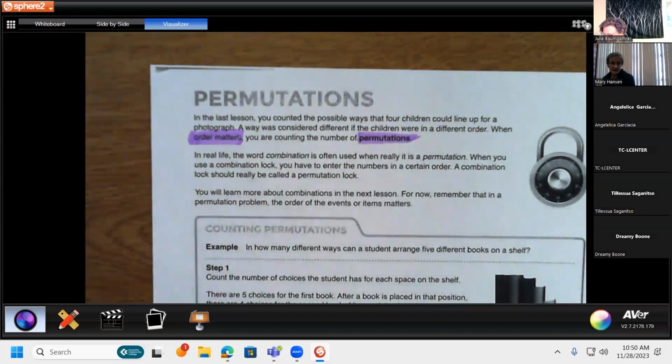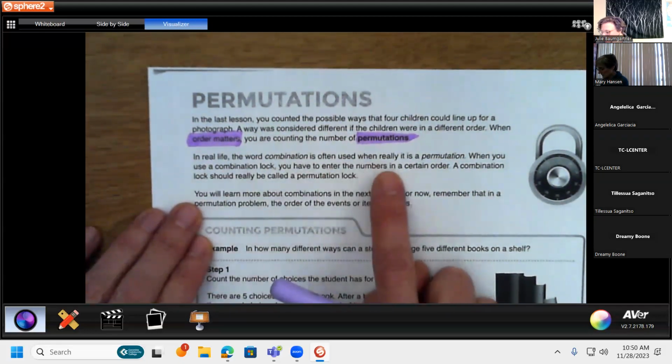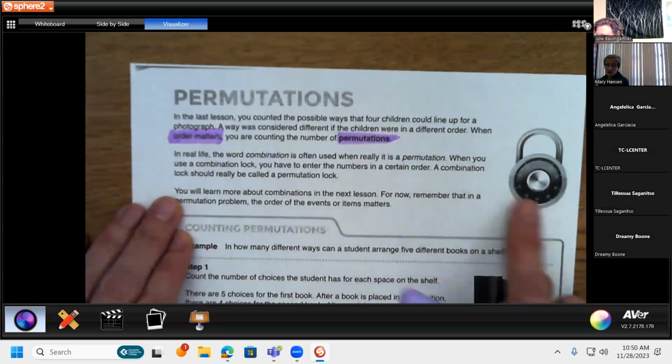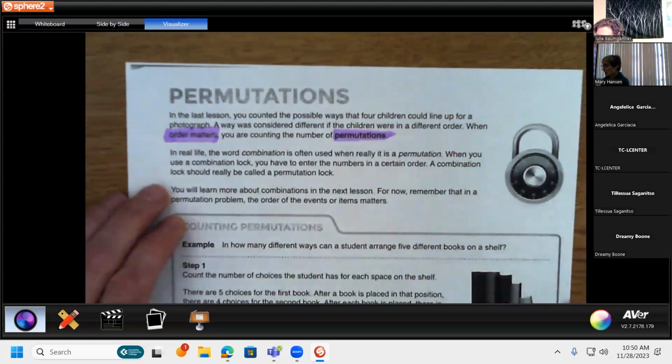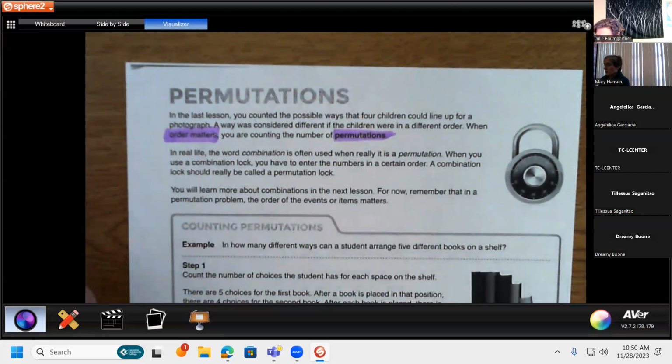Okay. And it says in real life, the word combination is often used when it's really a permutation. And if you think about a combination lock, if you have a lock on a locker or on a storage unit or whatever, when you put the numbers in for the lock, the order you put the numbers in matters.